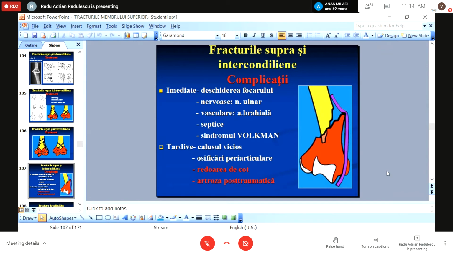Well, the elbow may be submitted to this peculiar complication, which is called periarticular ossification. This occurs usually after a time of immobilization, when we start the physical rehabilitation.